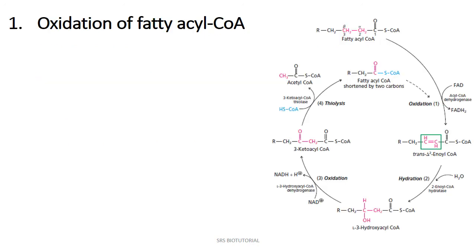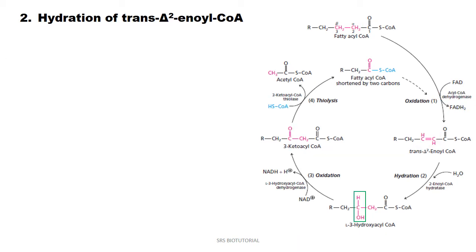Now come to oxidation of fatty acyl coenzyme A. The fatty acyl coenzyme A undergoes dehydrogenation to produce a double bond between the alpha and beta carbon atoms to produce trans-enoyl coenzyme A. This reaction is catalyzed by acyl coenzyme A dehydrogenase, which is a FAD dependent flavoprotein. The electrons removed from fatty acyl coenzyme A are transferred to FAD and it is reduced to FADH2.